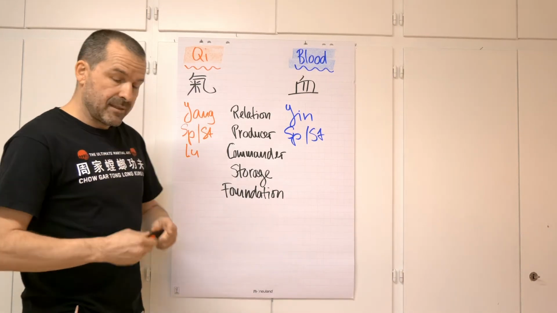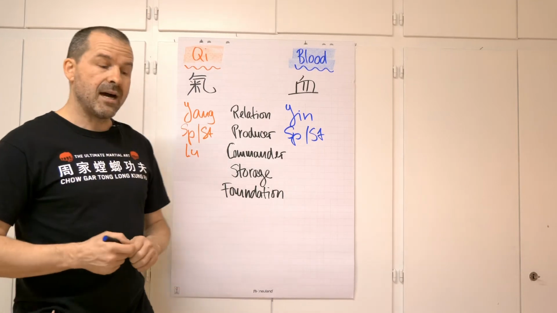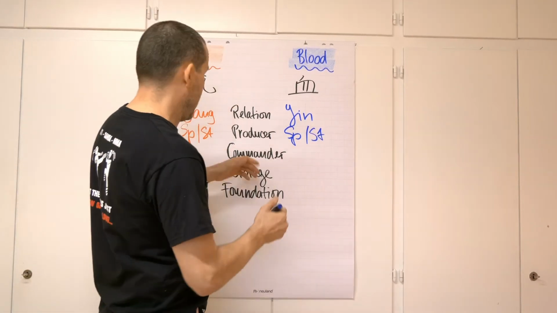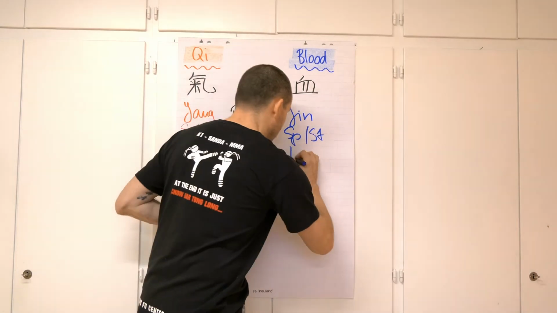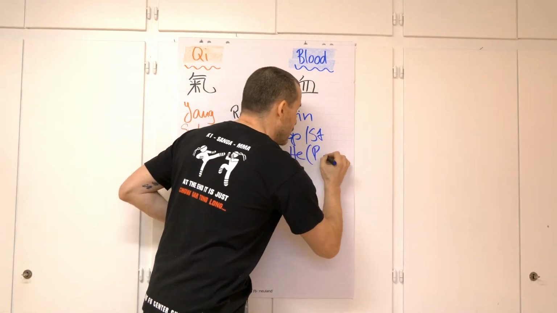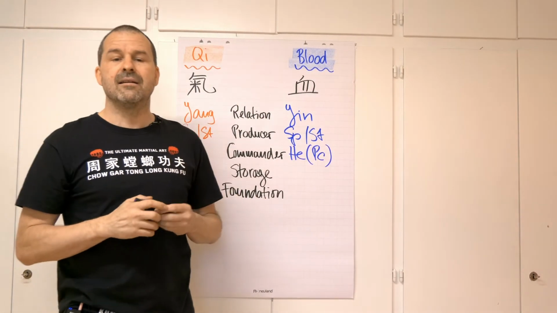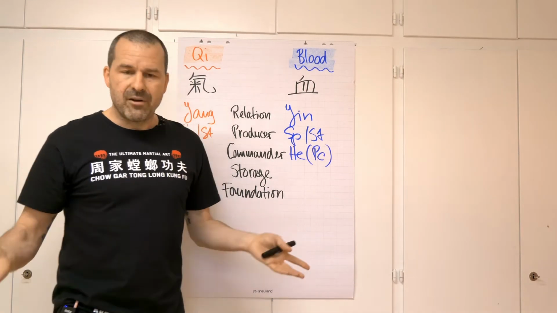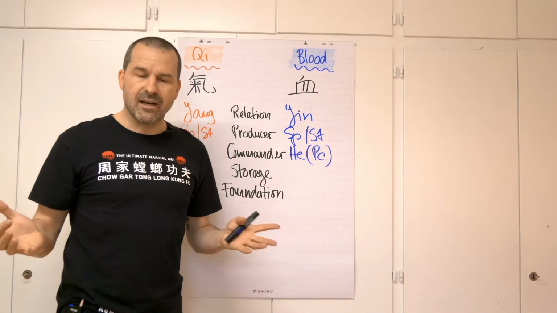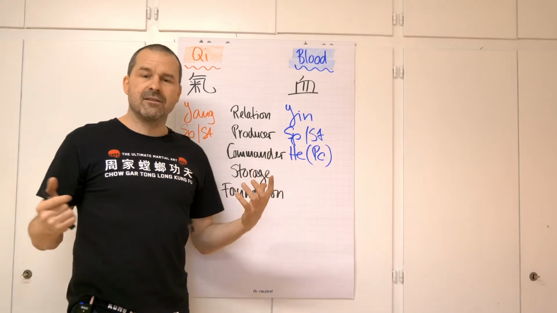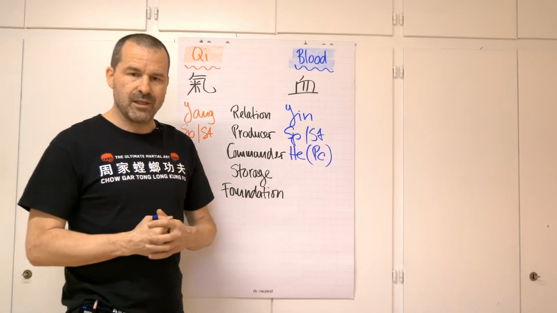On the other side, the commander of blood is the heart. And when we say heart, we should say heart and pericardium. Heart and pericardium are the commander for the blood circulation.